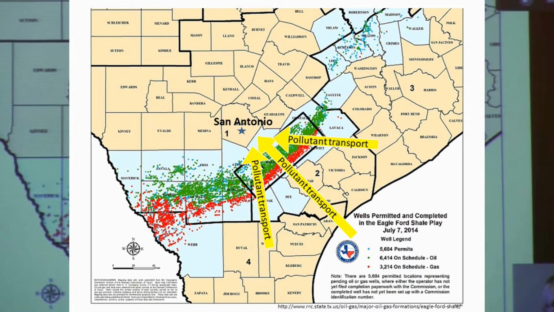So keep in mind here, I'll come back to that later, when you go at an angle instead of the shortest way across the shale area, you would expect the concentration to be less because there has been less time to inject any fugitive compounds into that air mass.